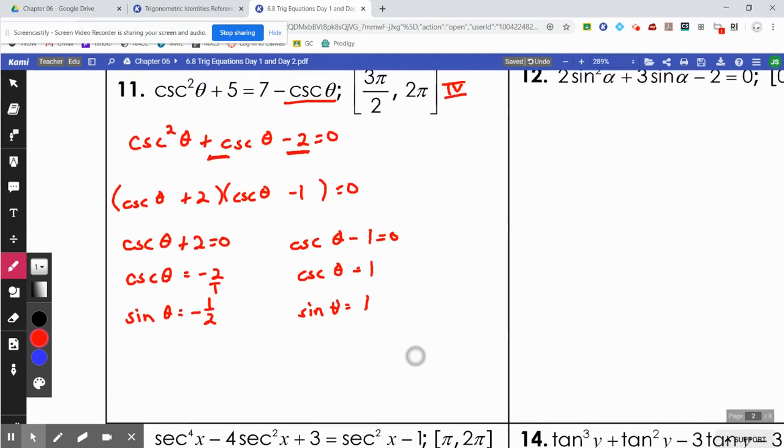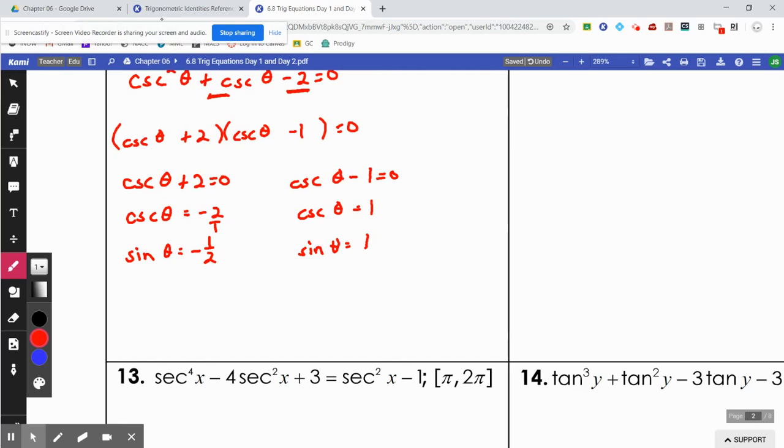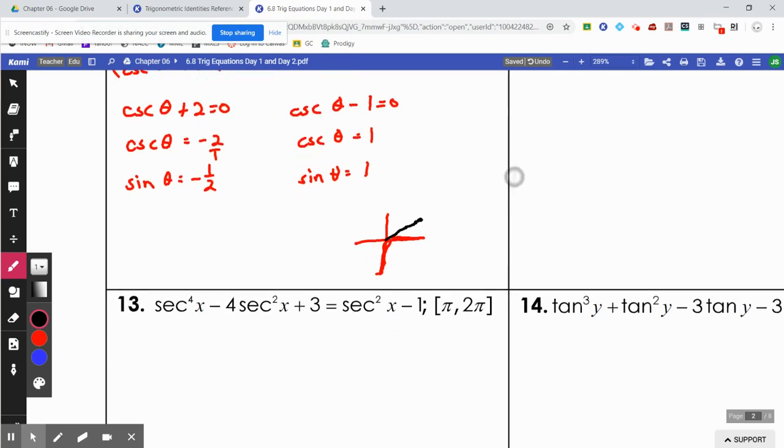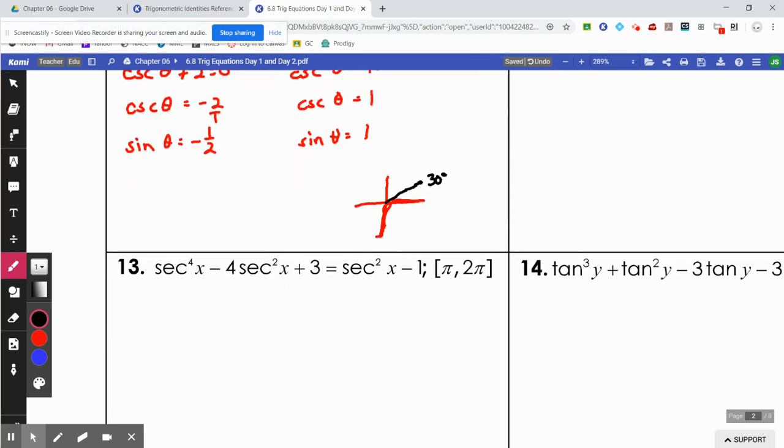So now we're asking ourselves, in the fourth quadrant, let me kind of draw a picture here. In this fourth quadrant over here, where on our unit circle do we have a sine value of negative 1/2? Well, I need a reference angle. Up here in the first quadrant, what is my angle where sine is positive 1/2? That is a 30-degree angle.